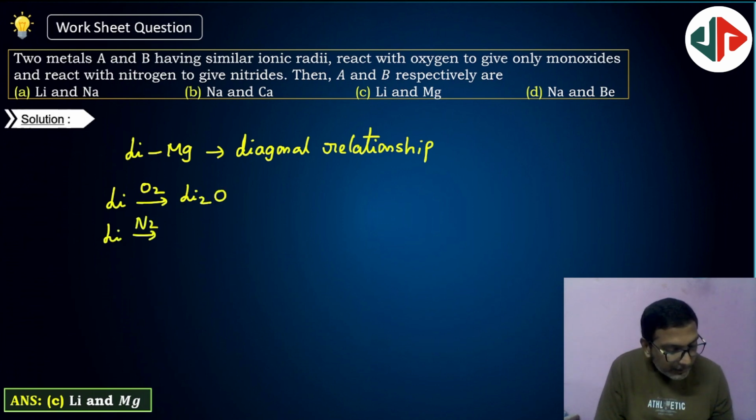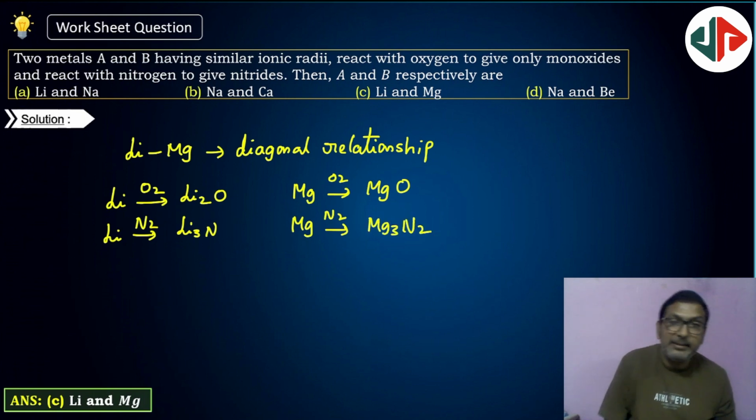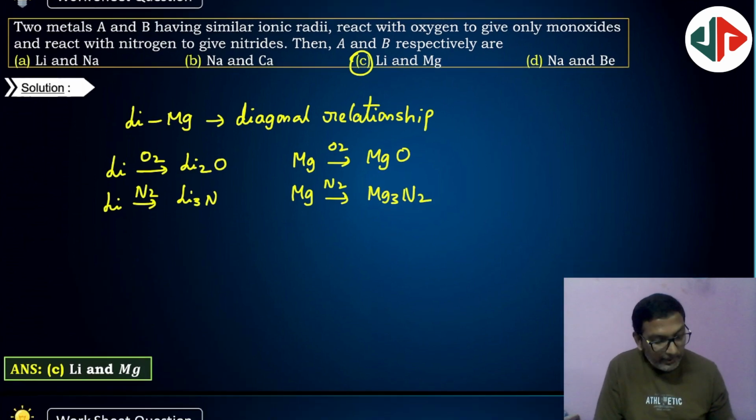Lithium with N2 forms Li3N. Similarly, magnesium with O2 forms MgO. Magnesium with N2 forms Mg3N2. Both are forming oxides and nitrides. Therefore, option C. Diagonal relationship. Next.